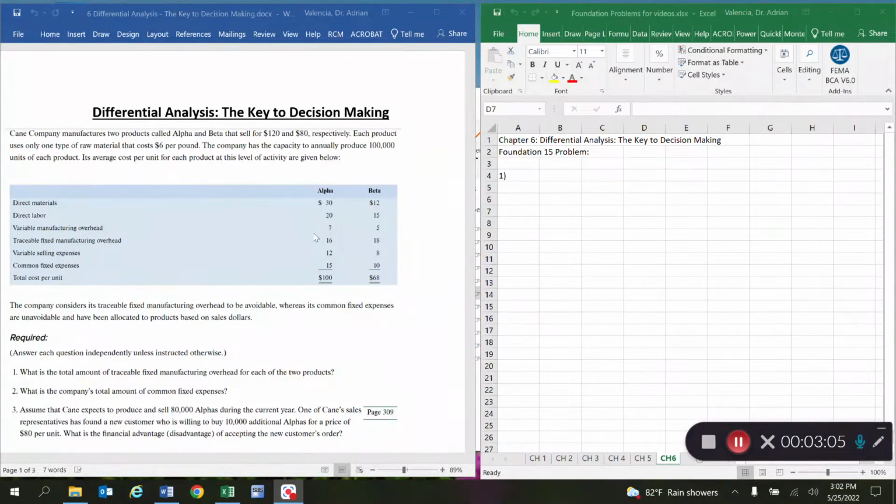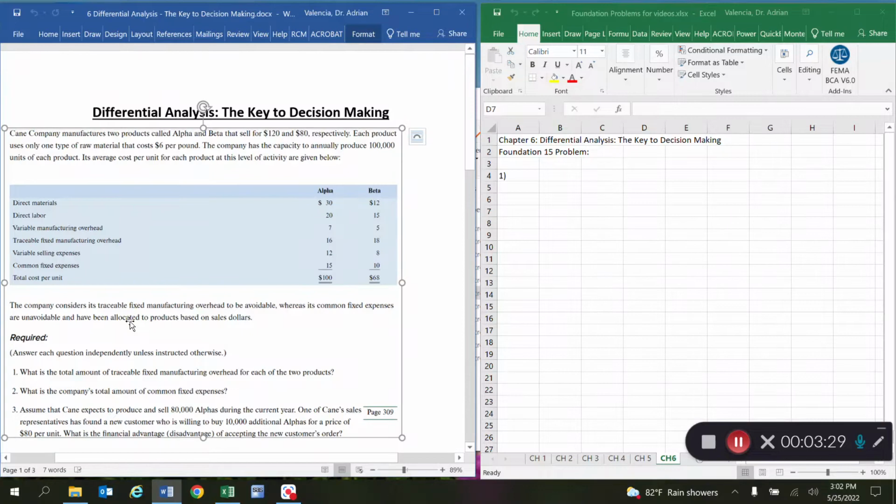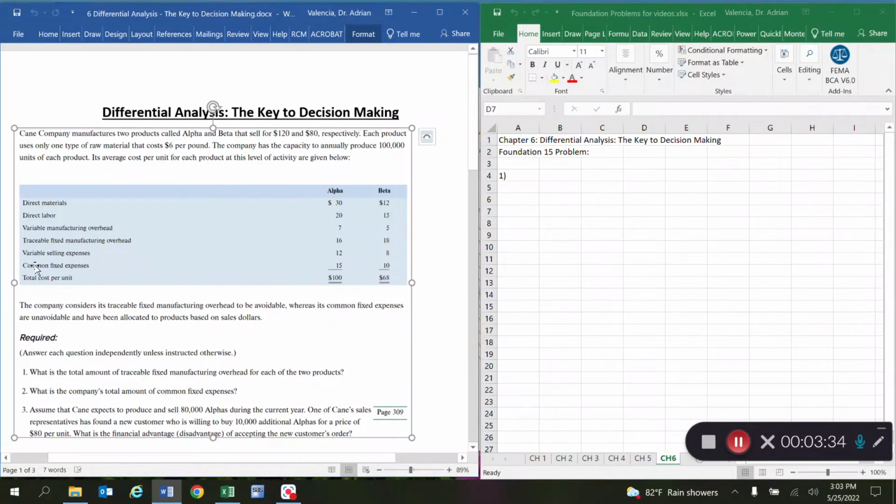So it's 15 out of 25, whatever percentage that is, the same as 120 out of 200 if you sum these up. So they're using this basis as a percentage to allocate common fixed expenses. Why that's the case, I don't know. That's just the way they did it. In the same way that we use predetermined overhead rates to estimate fixed costs, this is perhaps the way they're doing it here.